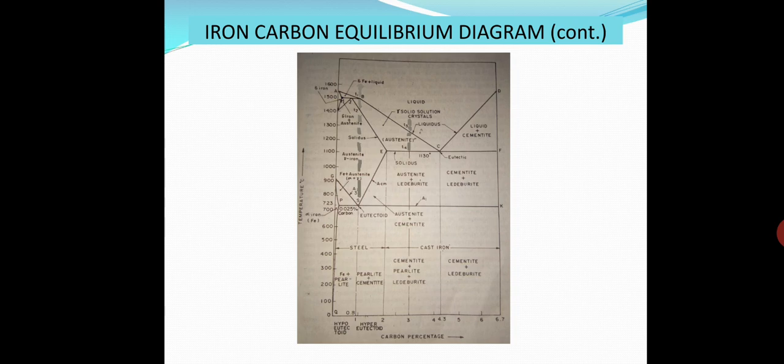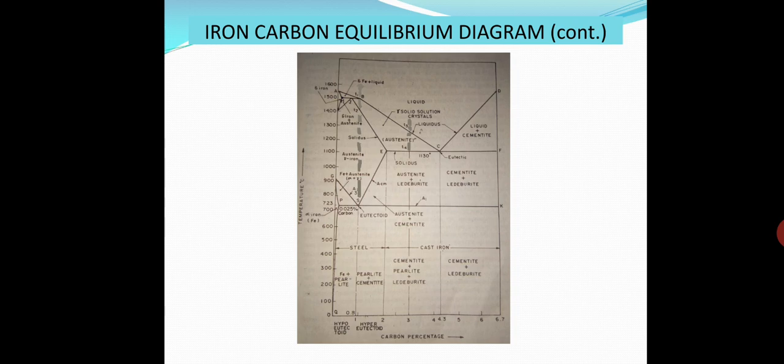Here carbon percentage is 4.3% and temperature is 1130 degrees centigrade. So at 1130 degrees centigrade, if carbon percentage is 4.3, that cast iron is known as eutectic cast iron.